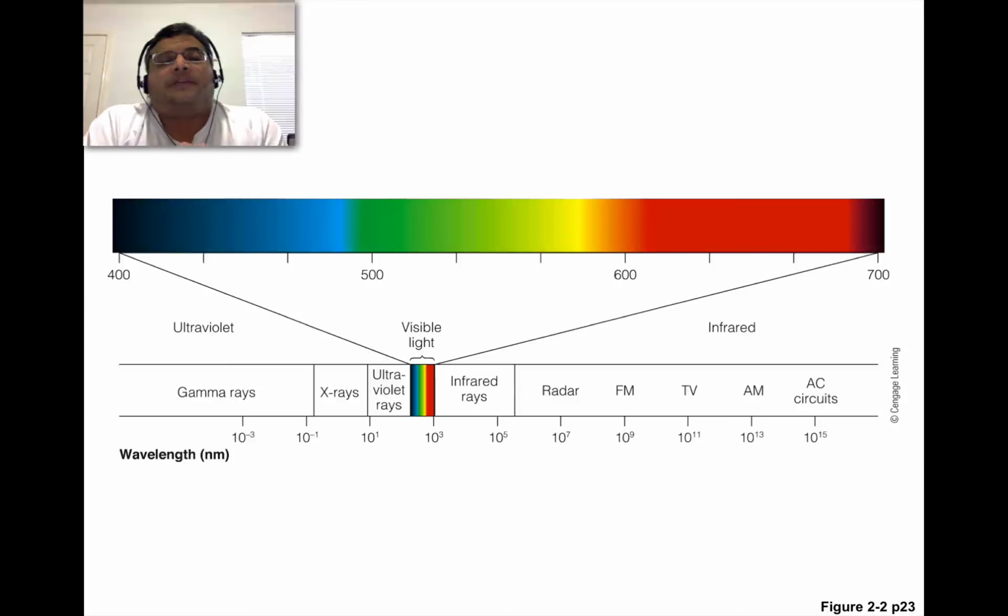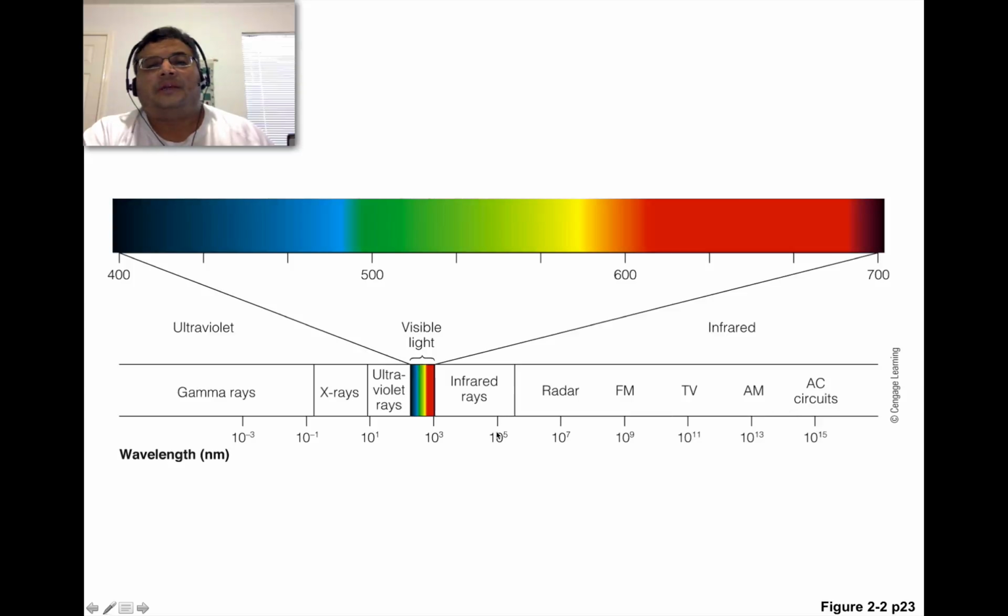This slide is a picture. The bottom strip that you see here is the entire electromagnetic spectrum, going from the very short wavelength gamma rays all the way to the very long wavelength AM radio and waves in AC circuits.